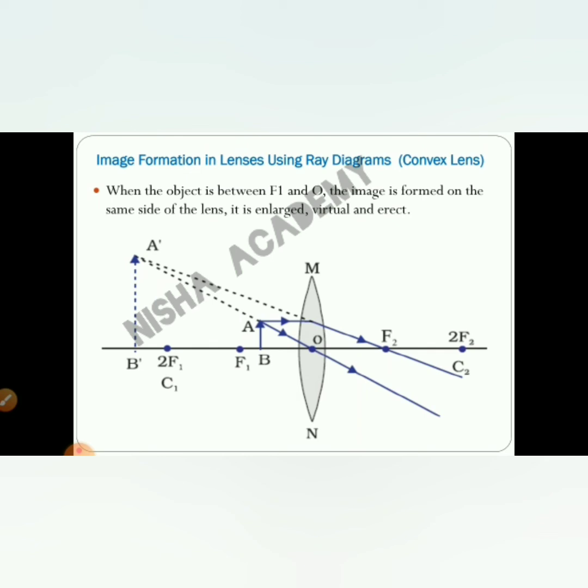So we can assume that the two rays after refracting will never meet each other.